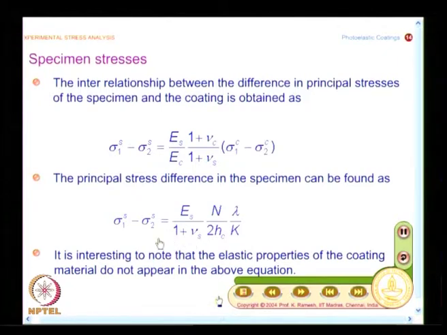So, what I have in photoelastic coatings is, our focus is to find out the stresses developed on the specimen. The difference in principal stresses on the specimen is related to the fringe order through this expression.